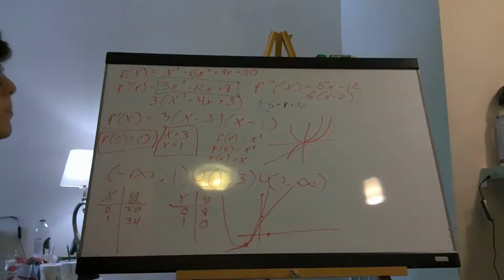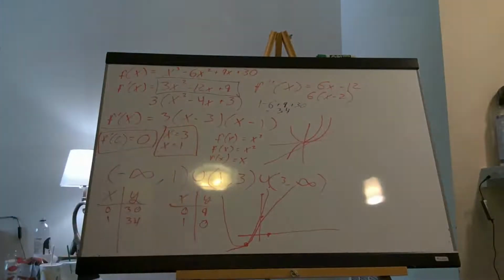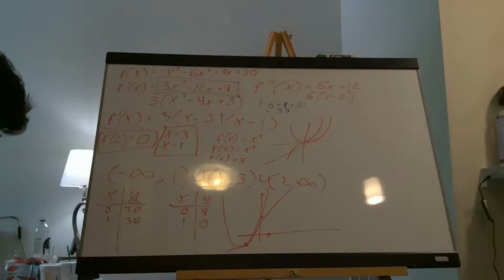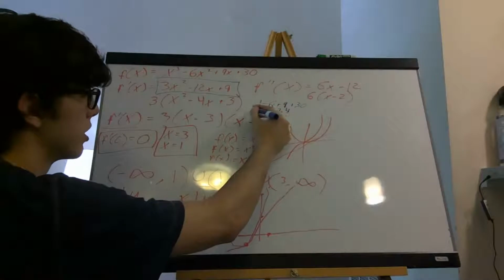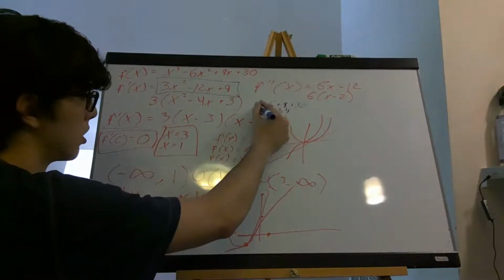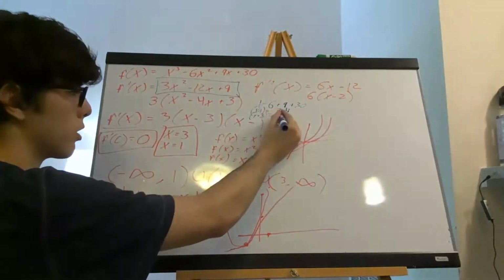It's going to give us 34. And then 3 at that is going to be a c. 3 to the third minus 6 times 3 to the second plus 9 times 3 plus 30 equals 30. So then when x equals 1, we get 34. When x equals 3, it equals 30.